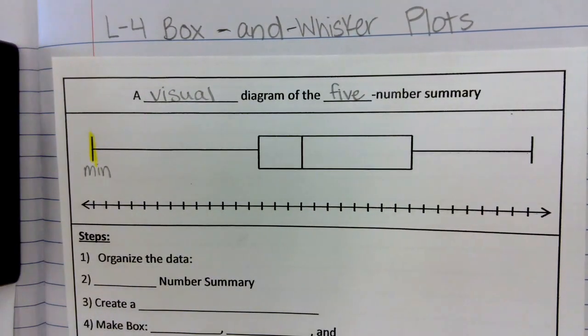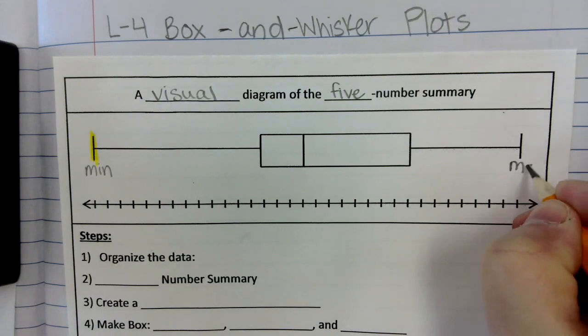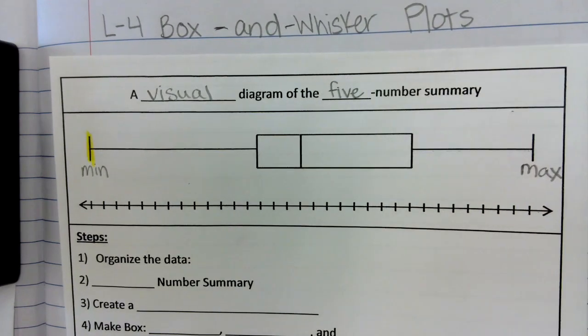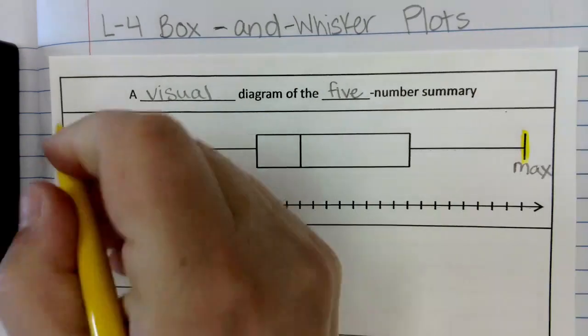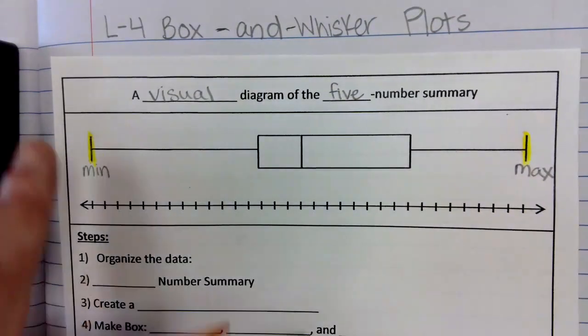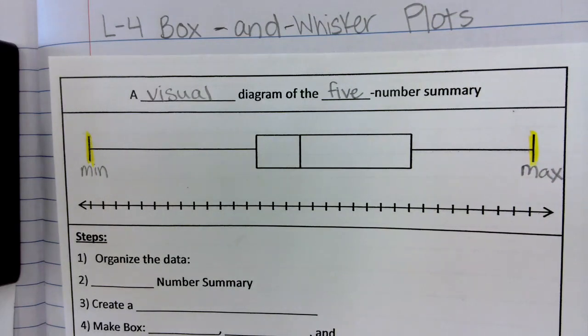And where do we think that maximum is going to go? At the other end. I like to use yellow for both my minimum and maximum because they just don't need to be too separate. Okay, but now we had a part of our 5-number summary to make 5 numbers, hence 5-number summary. So we have our minimum and our maximum.